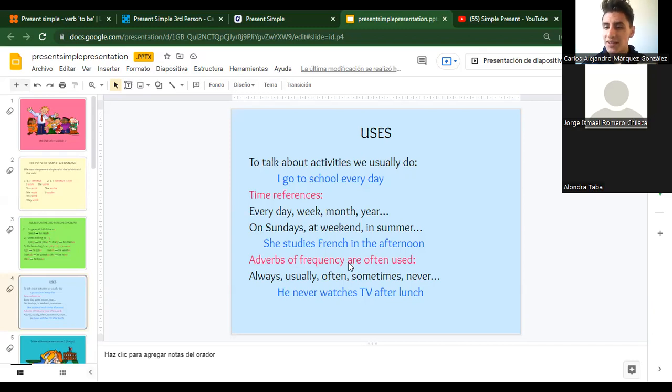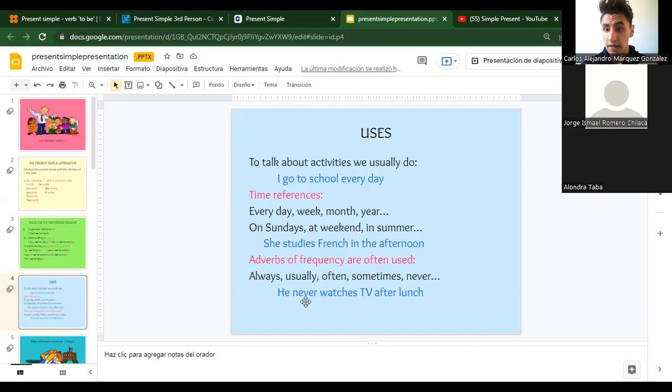Again, remember that yesterday we saw about adverbs of frequency. Remember that adverbs of frequency in present simple sentences, we add the adverb before the verb, okay? Here we have he never watches.